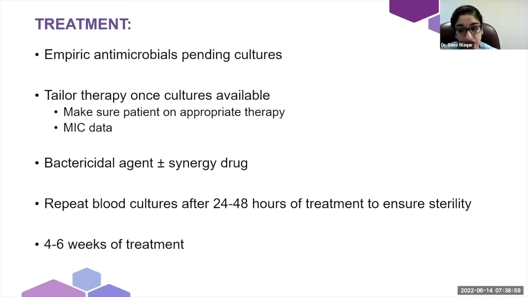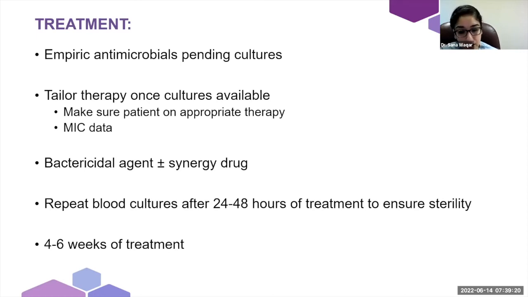So if you're treating with vancomycin, in our patient, when we had persistent bacteremia, we made sure that the vancomycin MIC for the organism was good, which it was. We wanted to make sure that our levels were therapeutic, which they were. He was persistently positive just because he had multiple foci of infection that were not addressed at the time.